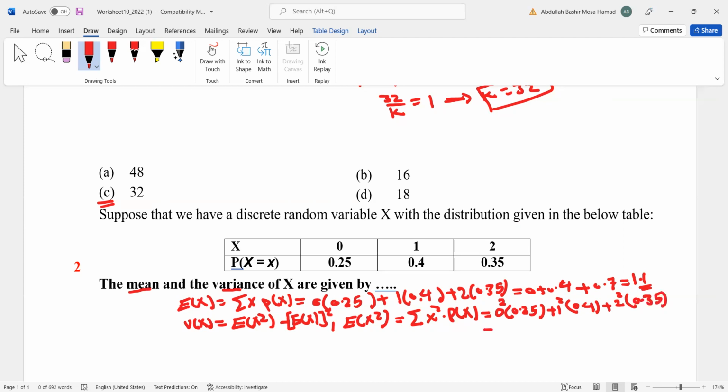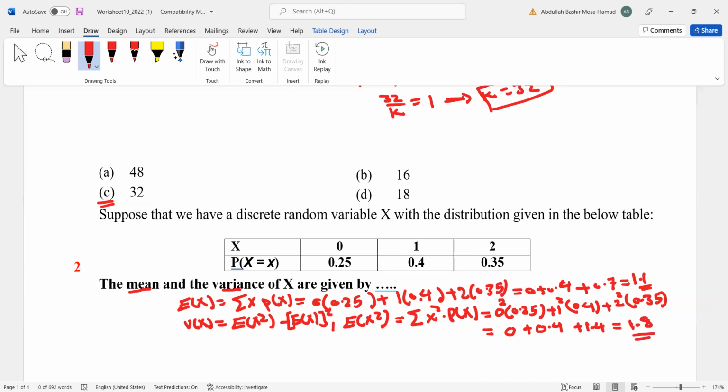This is 0, of course, then 1 squared multiplied by 0.4 is 0.4, and 4 times 0.35 is 1.4. So this is 1.8.